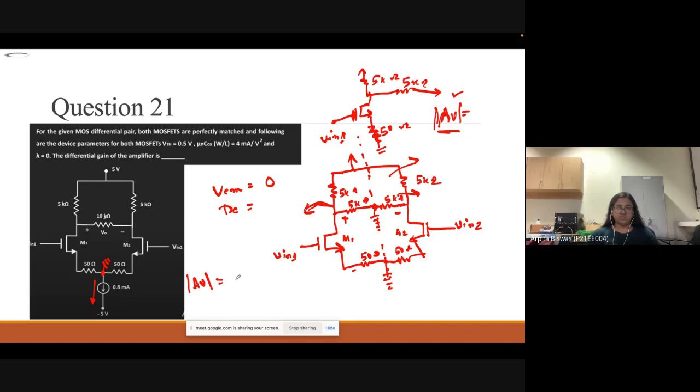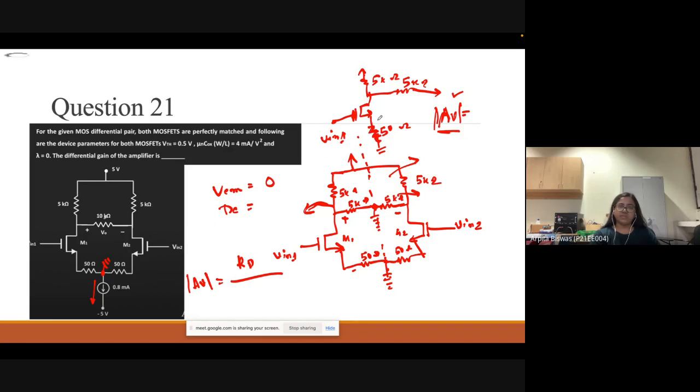What is the formula for AV when a resistance is there in the source side? Do you remember? Minus GM into RD? No, no. AV equal to GM RD is for another circuit.